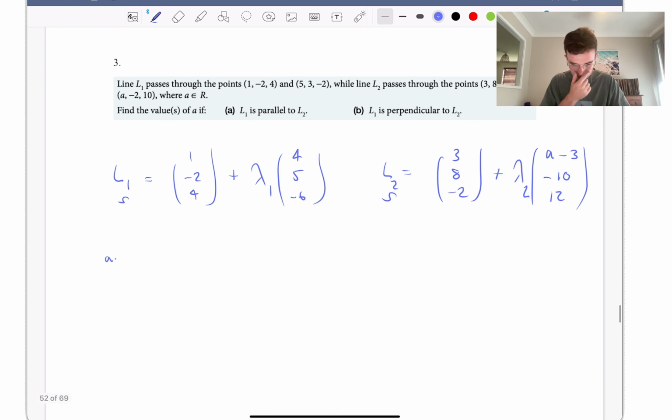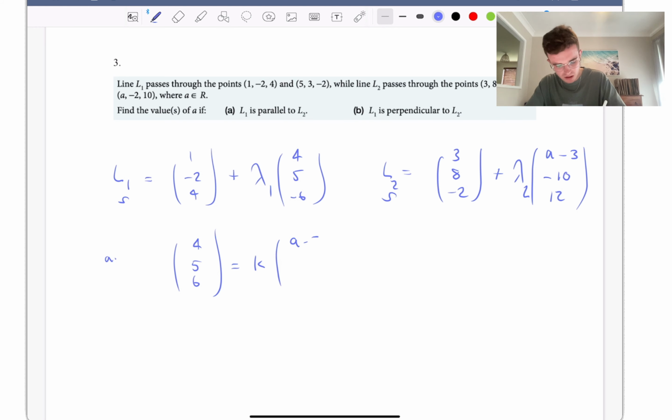That means that 4, 5, minus 6 is some constant, let's call it k, times a minus 3, minus 10, 12. So we know, first of all, that minus 6 is equal to k times 12. So 12k equals minus 6, which means k is equal to minus a half, sorry.